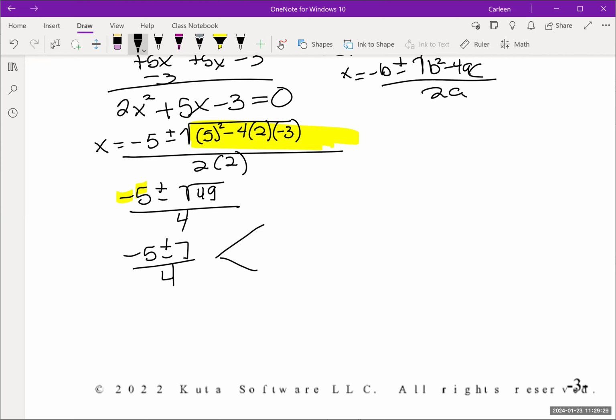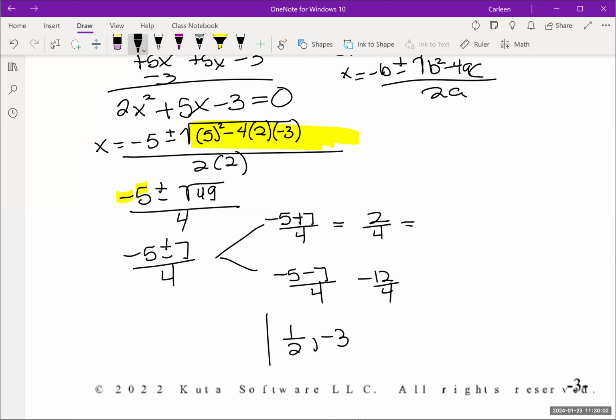So we have the plus and the minus. -5 plus 7 over 4 and negative 5 minus 7 over 4. Which is 2 over 4 and negative 12 over 4, which is 1/2 and negative 3.